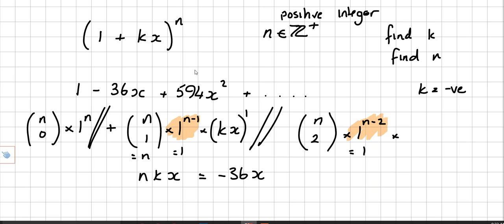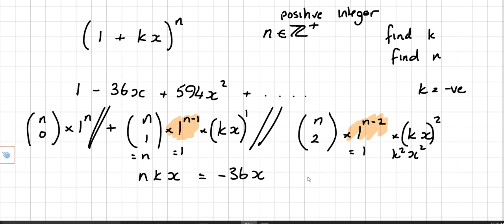And then we've got times k squared x squared. Or if you'd rather, I write it like times kx all squared. Do it like that first. So that would be k squared x squared.